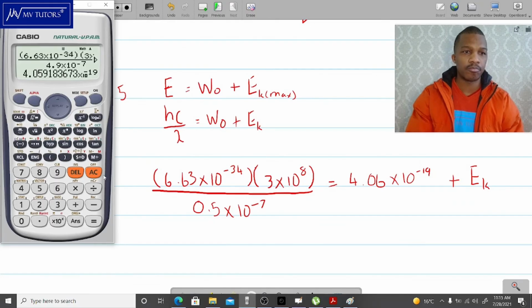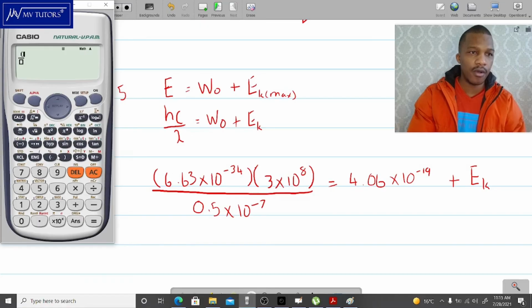Cool. So now check this out. We're gonna open a bracket, 6.63 times 10 to the power negative 34. Come down, close the bracket, open a new one, put the next constant, 3 times 10 to the power 8.